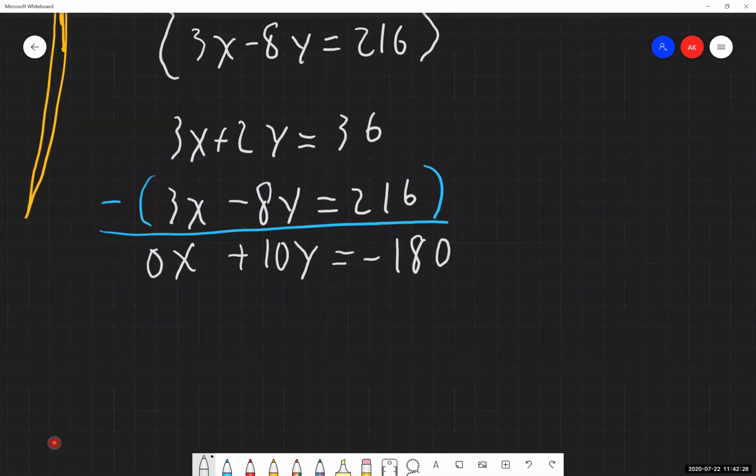And then from here, 10y equals negative 180. Divide both sides by 10, and we'd find y is equal to negative 18. And then going through the rest of the process, we would find, again, x to be 24. We get the same answer either way.